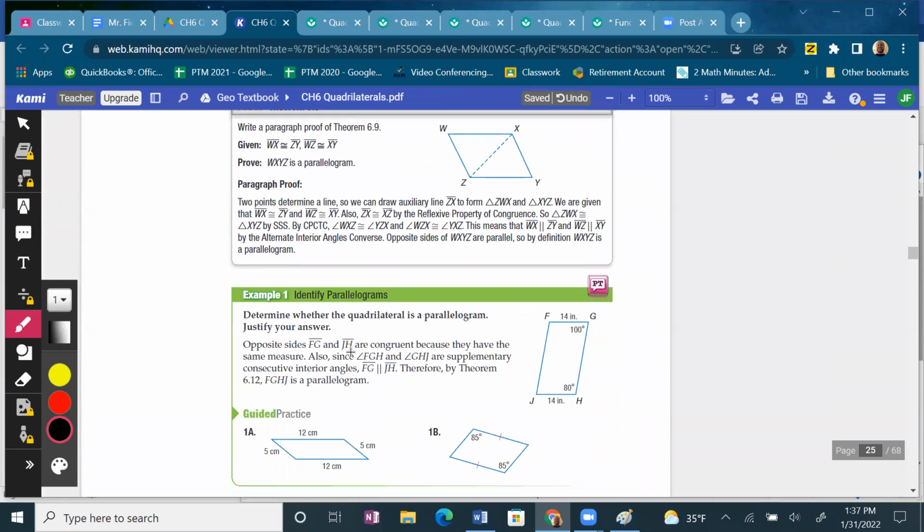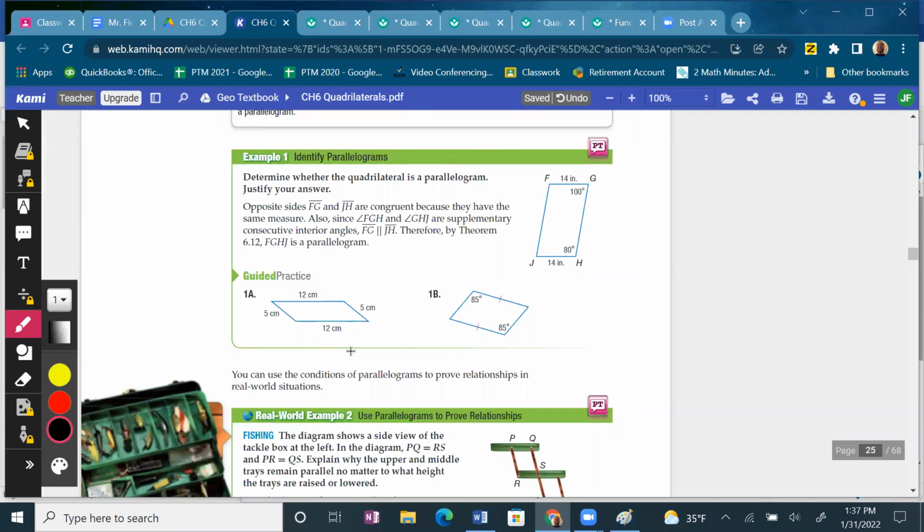All right. Some of these questions are going to seem exactly like the ones from the other section, 6.2, because you're just using those properties. So even though it's backwards, it won't seem different to you. It says determine whether it's a parallelogram. Well, we see opposite sides are congruent, so we can say yes. Opposite sides are congruent. How about this one?